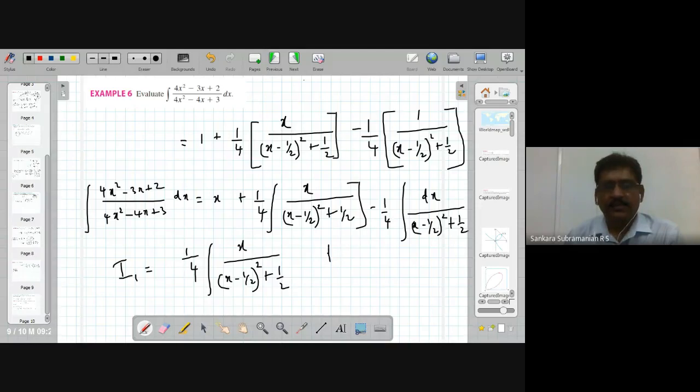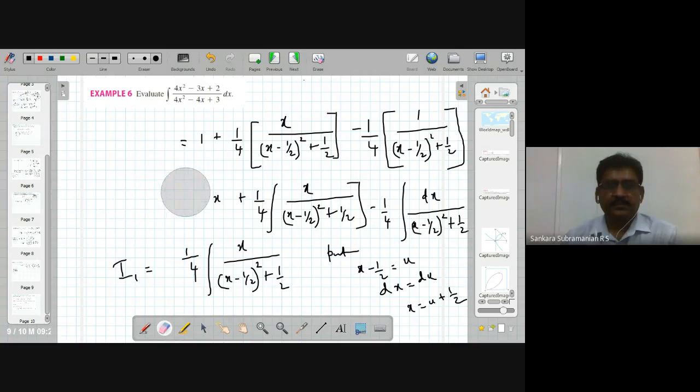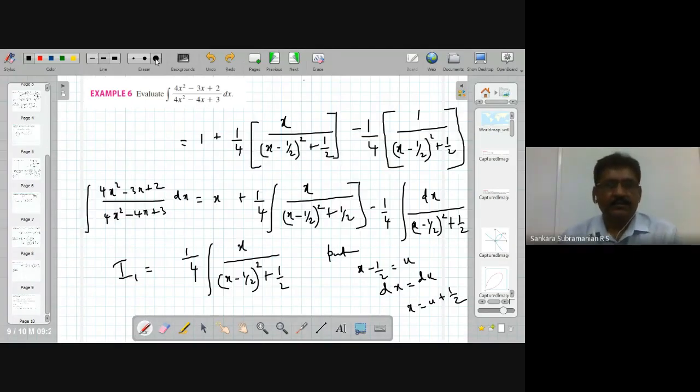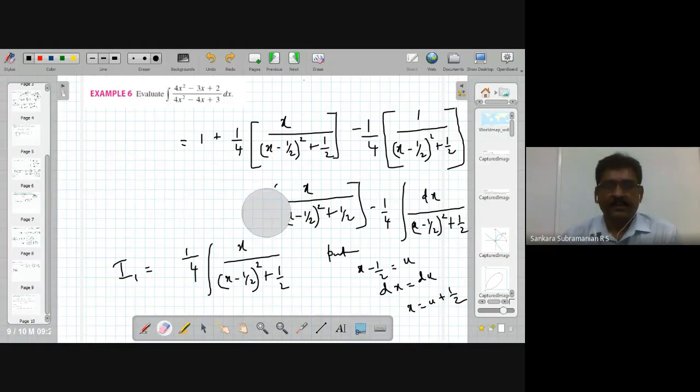So if you put x minus 1 by 2 as t or u, you get dx equal to du, but x is equal to u plus 1 by 2. So you have to substitute it and tell me the result.